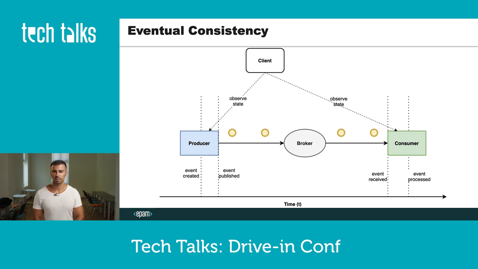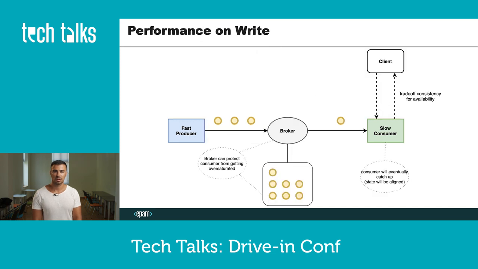For example, think about a client that tries to observe state in both the producer and the consumer. We also have a broker as a mediator. At the same time that these requests are executed, we might have inconsistency because the consumer hasn't yet applied all the changes received from the producer.